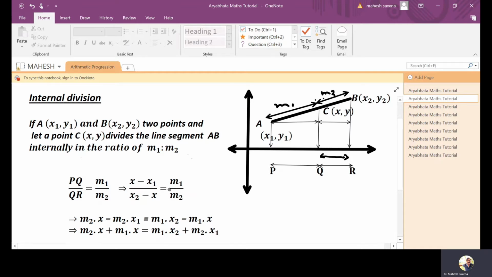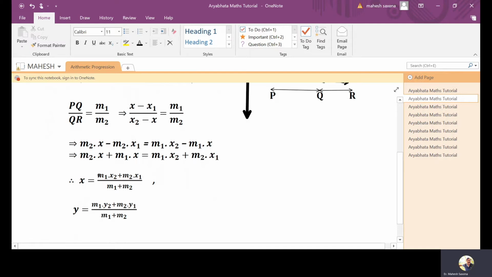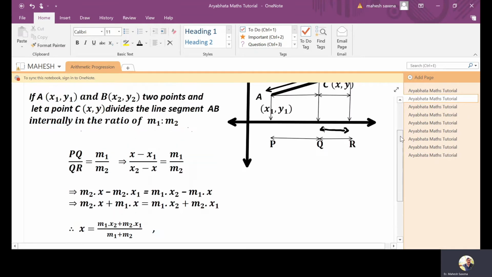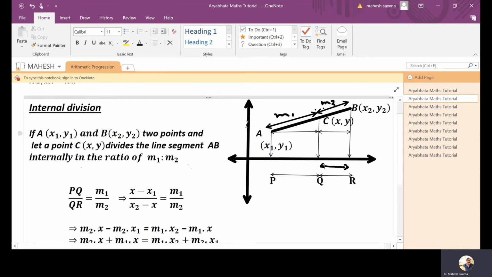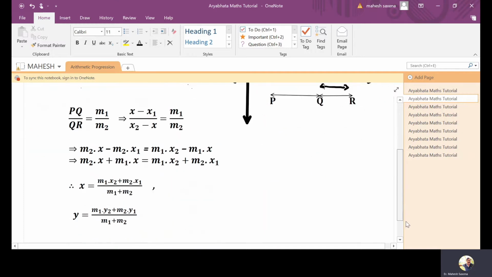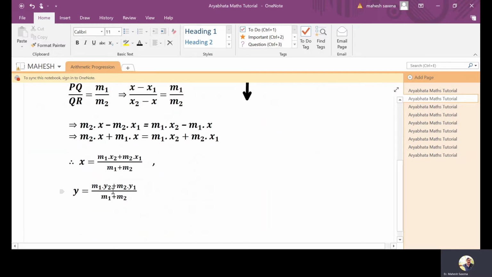When we cross multiply, we get M2 into x minus M2 into x1 is equal to M1 into x2 minus M1 into x. Solving this, we find that x is equal to M1 x2 plus M2 x1 upon M1 plus M2. Similarly, if we draw perpendiculars from A, C and B to the y-axis, we find that y is equal to M1 y2 plus M2 y1 upon M1 plus M2.